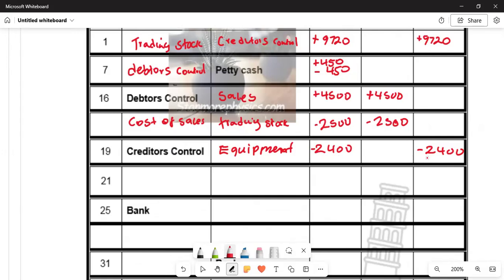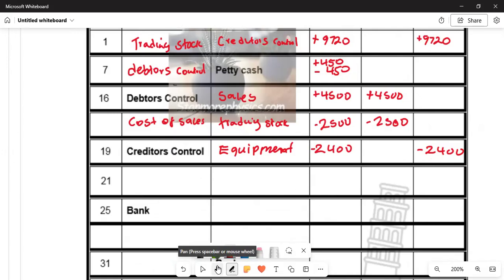Not increased, but reduced by 2,400, because we are returning the equipment that we bought on credit, the equipment that is faulty. Hope it makes sense to you.